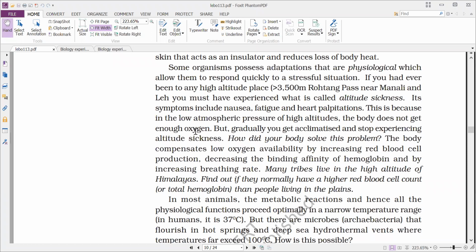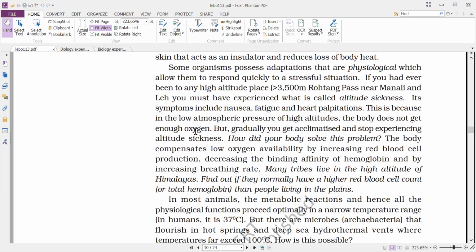When a person living in the plains moves to higher altitudes, the partial pressure of oxygen is gradually reduced. As a result, the person suffers from altitude sickness.